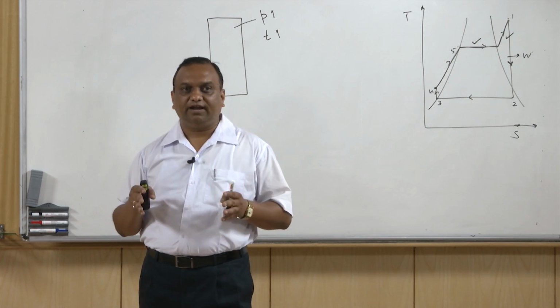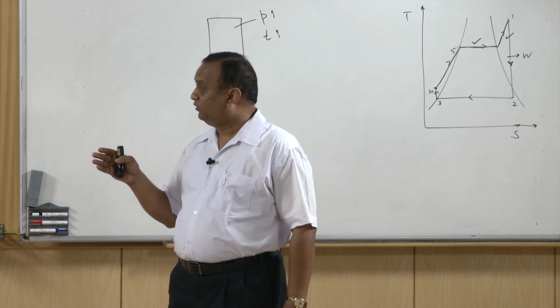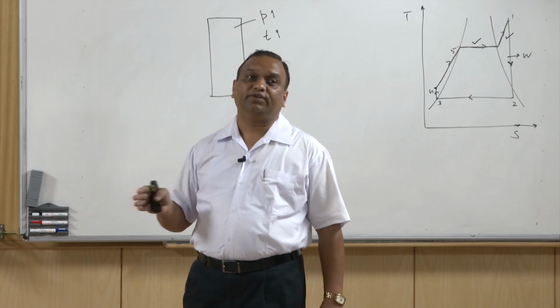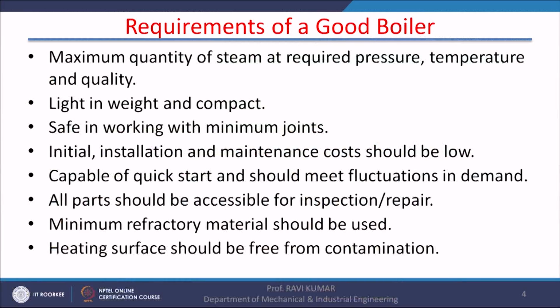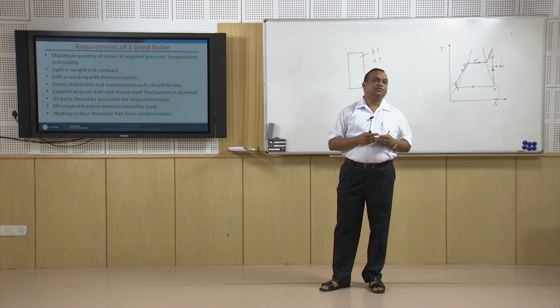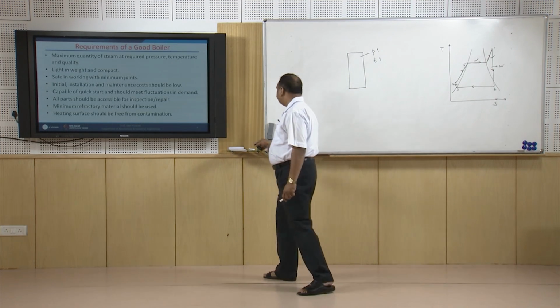Then you will find that the refractory masonry work is also an integral part of a boiler, that we will discuss later on. Heating surface should be free from contamination, because if contaminations are there, the heat transfer will not be very effective.